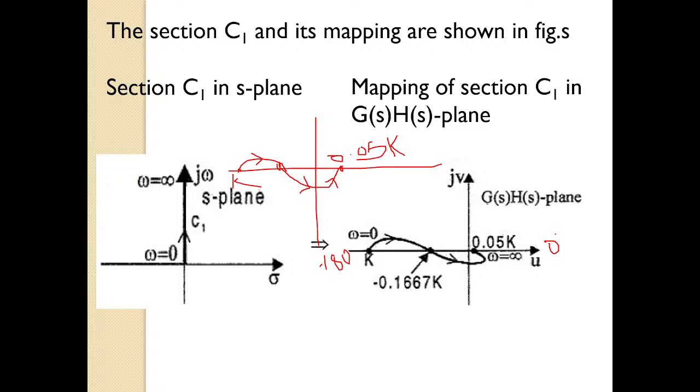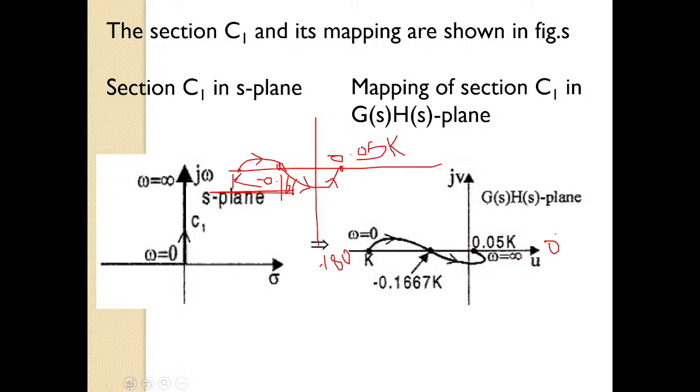Okay, so for the polar plots, you just look at some points. It's a free diagram, we are not taking a proper scale since you are going to draw it in your notes. Since scale is not there, randomly you just look at it on your own. So this is minus 0.1667.